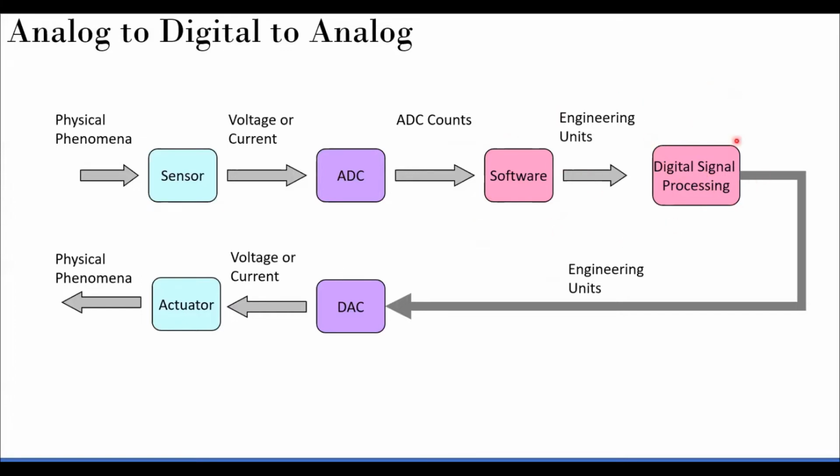So you remove noise, for example, or you estimate something, for example, and then to give it back to the physical world, you convert this engineering unit or electrical signal into a continuous amplitude, continuous time analog signal. Voltage and current again. And then you have an actuator, something like a speaker, which takes the analog voltage or current and makes it a physical phenomena like sound. So that is the whole phenomena that we look into.